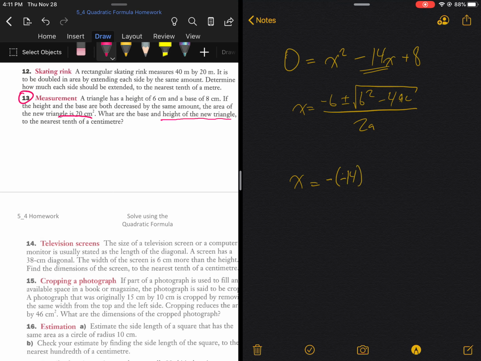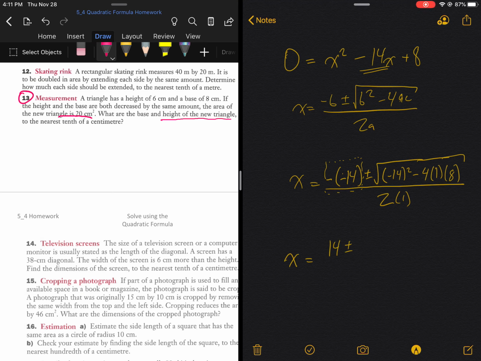Putting in our values: minus b is minus minus 14, plus or minus the square root of minus 14 squared minus 4 times a, which is 1, times c, which is 8, all over 2 times 1.